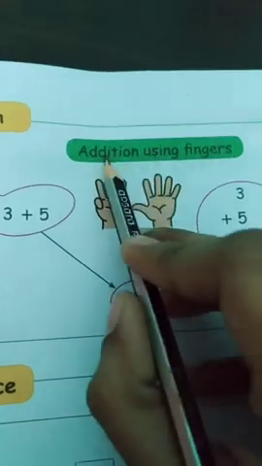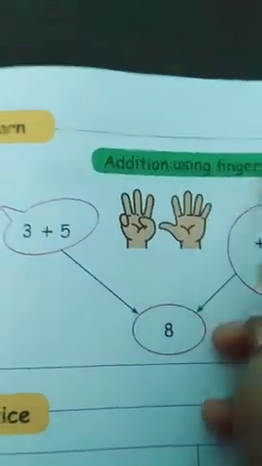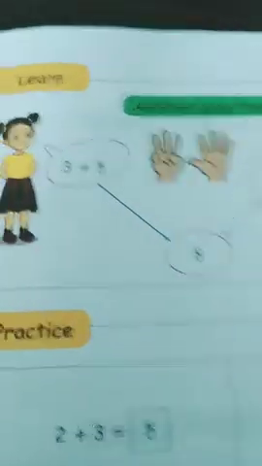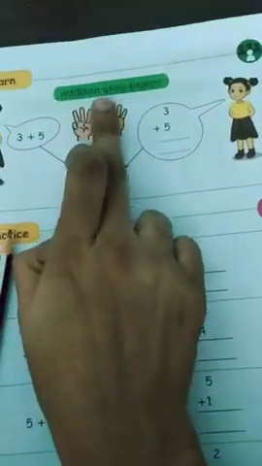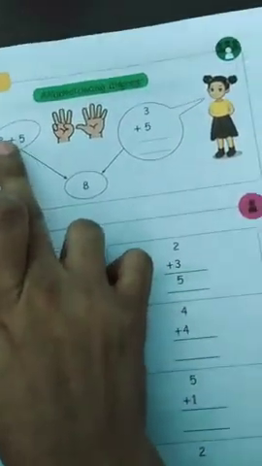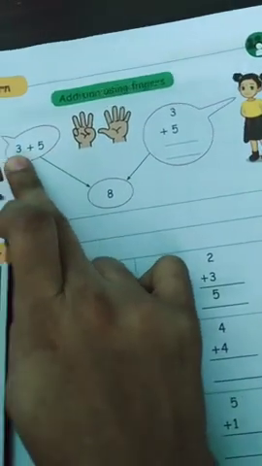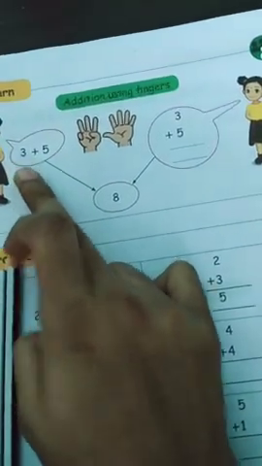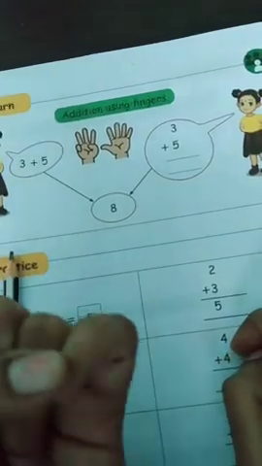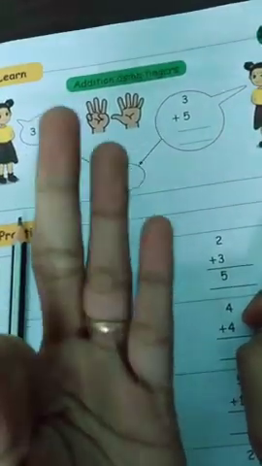Addition using fingers. 3 plus 5. Now in your left hand keep 3 fingers. 1, 2, 3.